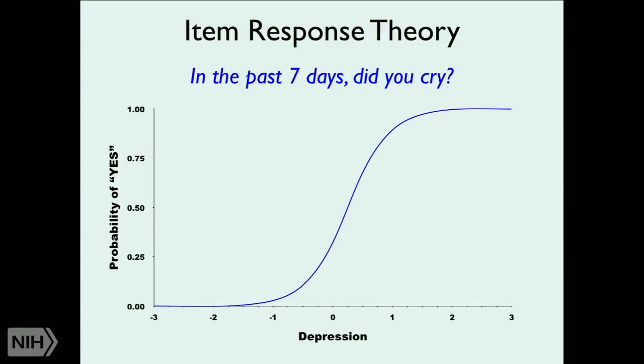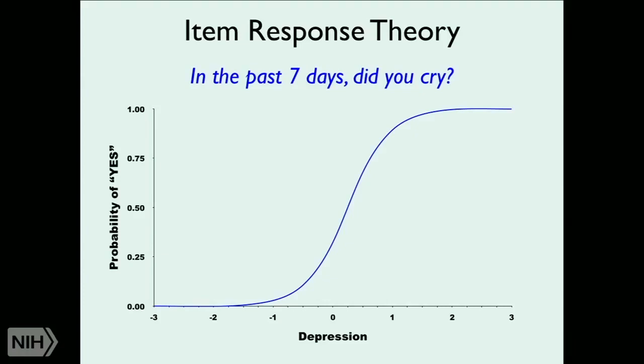This, by the way, is why it's called item response theory. They're models of the likelihood of responding with a given answer based on your underlying level of whatever, in this case, depression. Okay? So, you can see here, as depression increases, so too does the probability that they're going to answer yes to, did you cry in the past week?